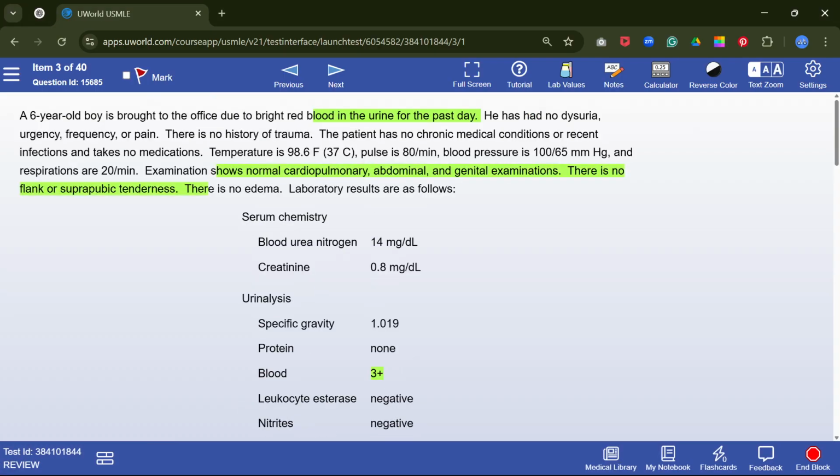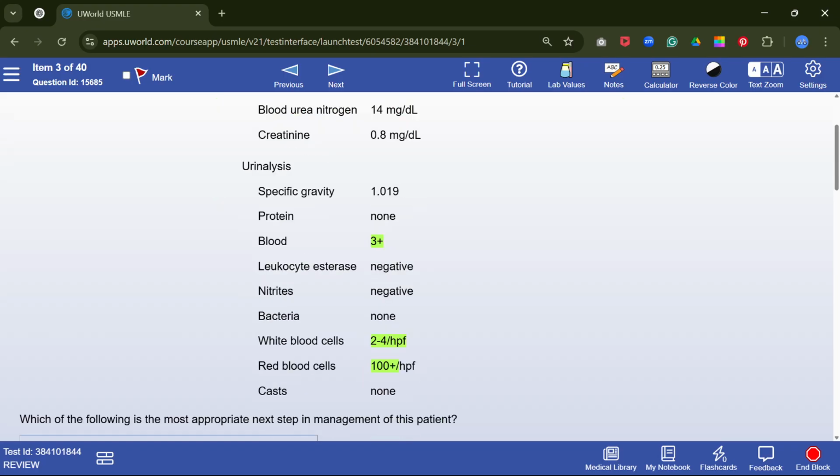Okay, now look at this final question. This 6-year-old boy has had bright red urine for the past day. Blood is 3 plus. RBC is plenty, more than 3, and WBC is 2 to 4 per high power field.